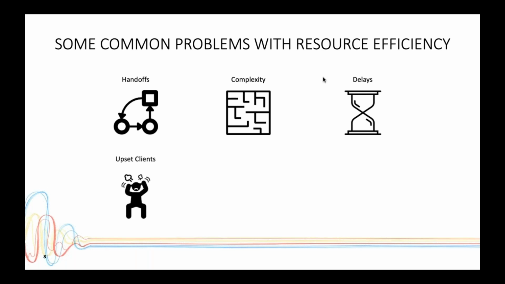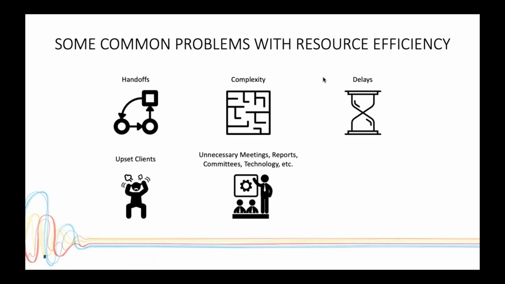So we get a lot of delays, and then we get a lot of upset clients. And then you can imagine what happens when we have upset clients. You have meetings, lots and lots of meetings. And I say unnecessary meetings because they would be unnecessary if we were better at getting the value to customers faster, but they become necessary because the boss has now said, we need to meet about these upset clients. They're really annoyed about the delays, and we need to put together a plan of how we're going to address this, et cetera, et cetera. And then I want to see reports and analytics, and we'll form committees and SWAT teams.